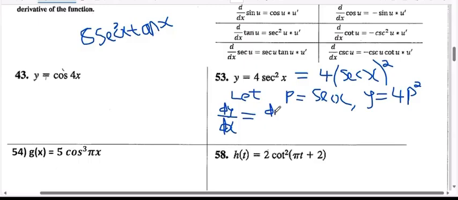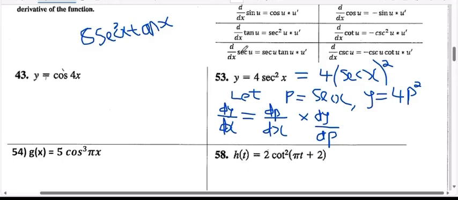I'm actually applying the chain rule. The dp/dx, multiplied by the dy/dp, right? So what is the dp/dx? I want to differentiate sec x.